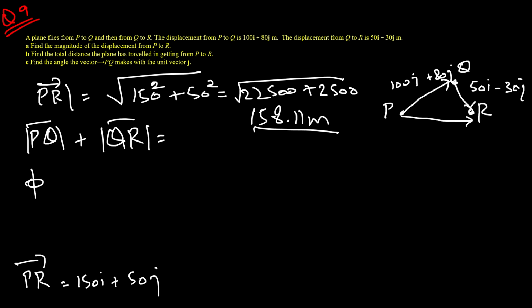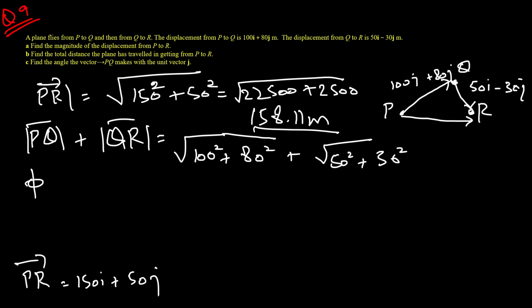The magnitude of the vector PQ will be given by the square root of 100 squared plus 80 squared, plus QR, which will be given by the square root of 50 squared plus 30 squared.